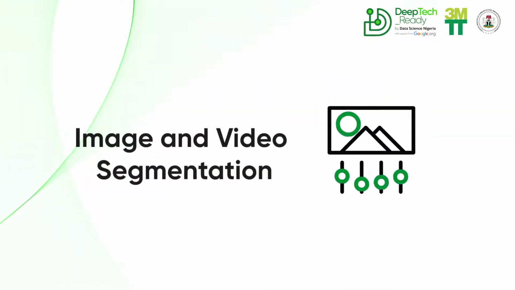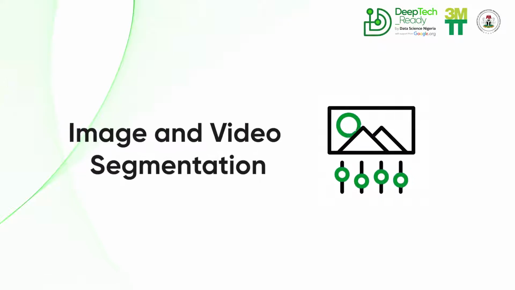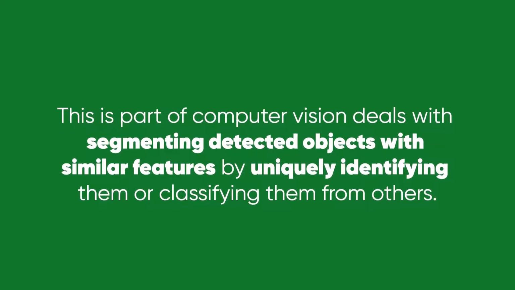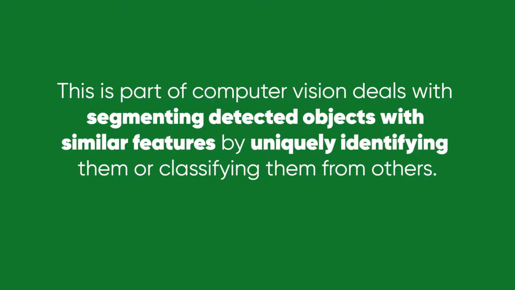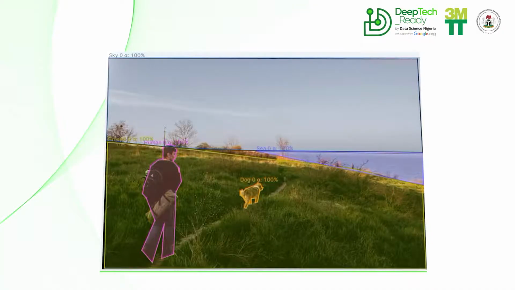Image and video segmentation. This is a part of computer vision that deals with segmenting detected objects with similar features by uniquely identifying them or classifying them from others. So in a particular image, for instance, you have a human in that image.